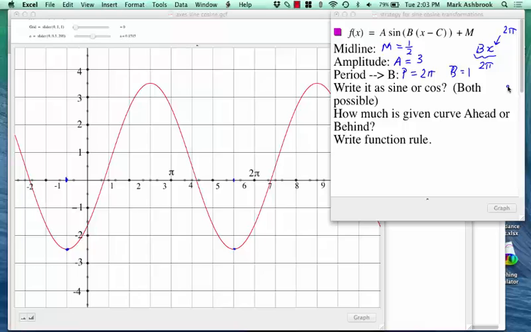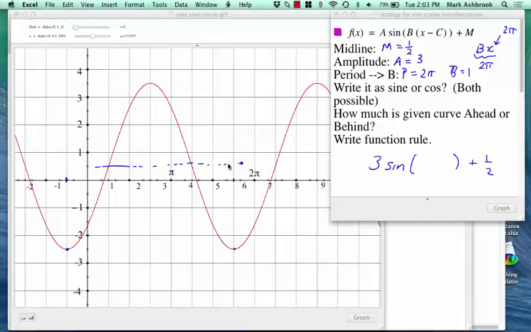Okay, so who's going to help me here? Cecilia, you want to do sine or cosine? Sine. Okay, so how do we approach this? We want to write it as a sine. Our amplitude is 3. And our midline is 1/2. So now, how did you figure out the shift for sine? I went from the midline at 0.5, so I ignored these signs because I thought of that as the origin in a way.